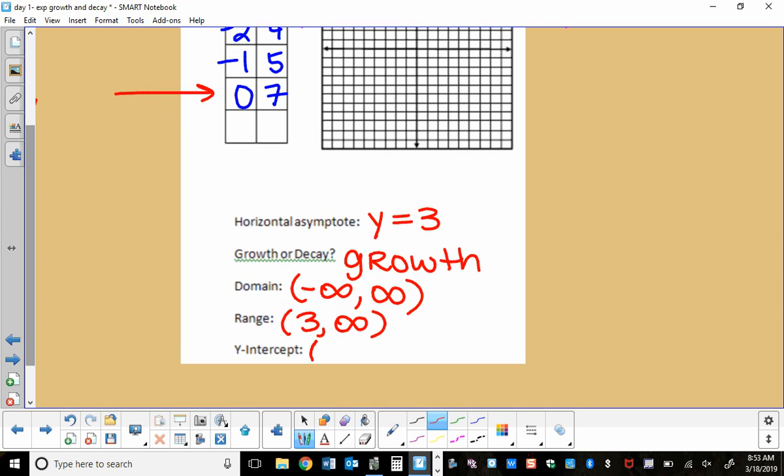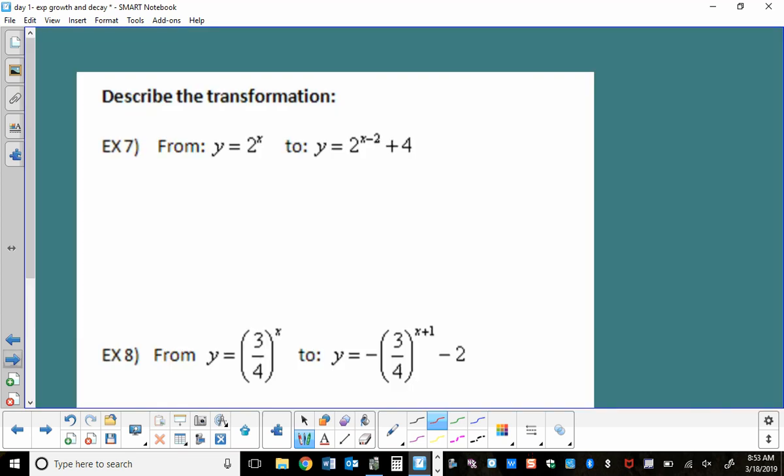So your y-intercept is 0, 7. Or you could write y is 7. All good? All right, let's look at your transformations.